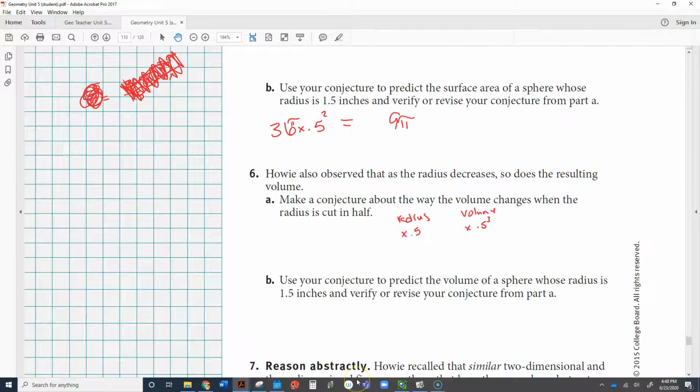So my conjecture would be 36 pi times 0.5 cubed would give me my new volume, and I would get 4.5 pi.